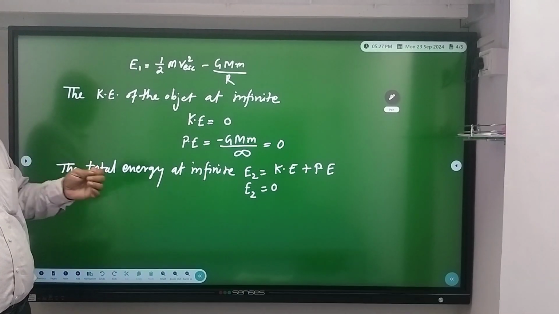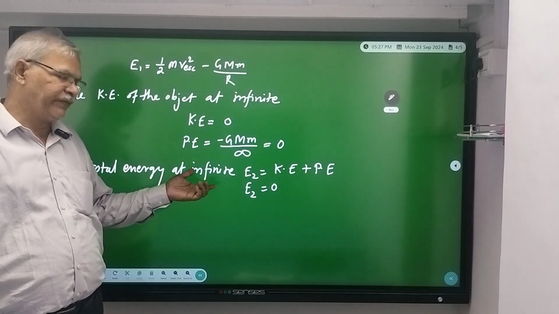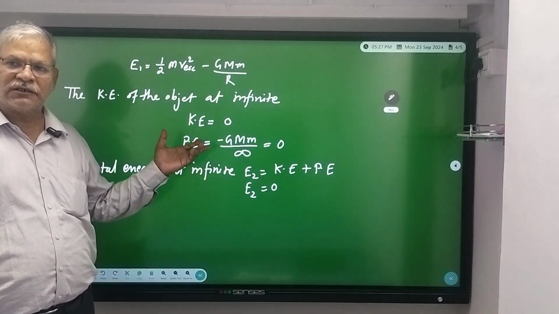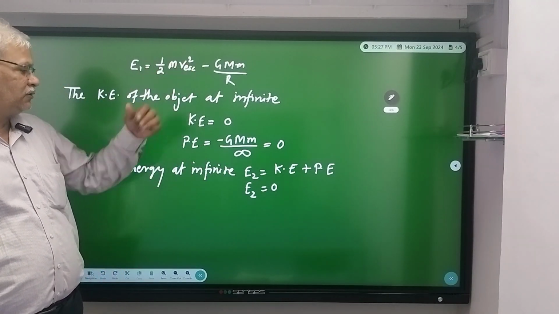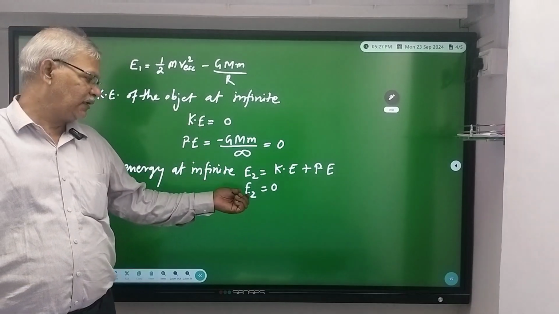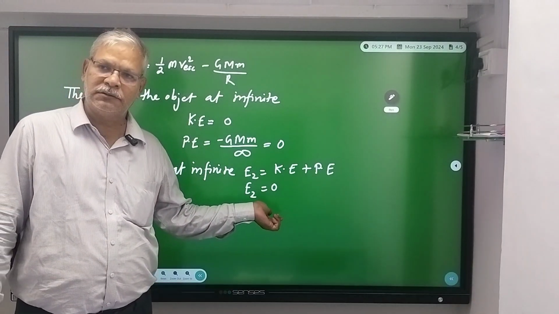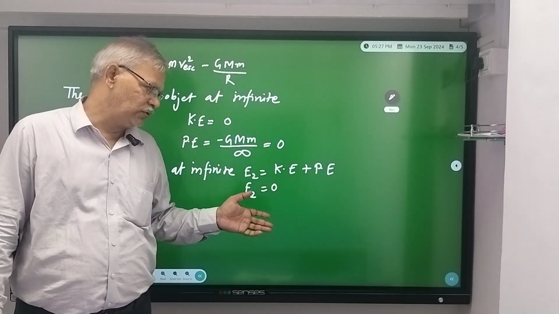Now the total energy of an object on the surface is E1, and at infinite is E2 is equal to 0.